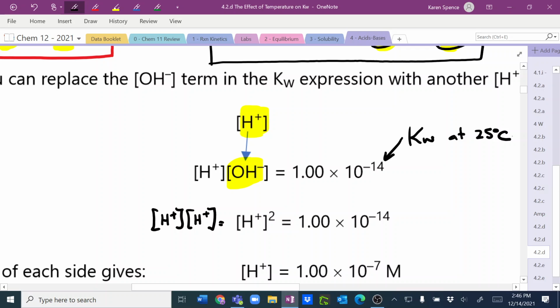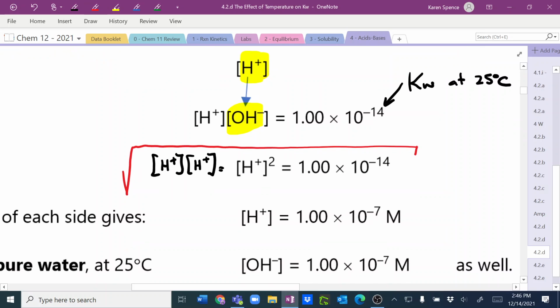There we go. Okay. So if I wanted to then solve for my hydrogen ion concentration, all I would need to do is take the square root of that, yes? And the square root of 1 times 10 to the negative 14 is 1 times 10 to the negative 7.